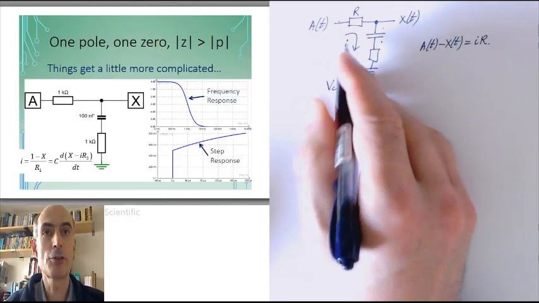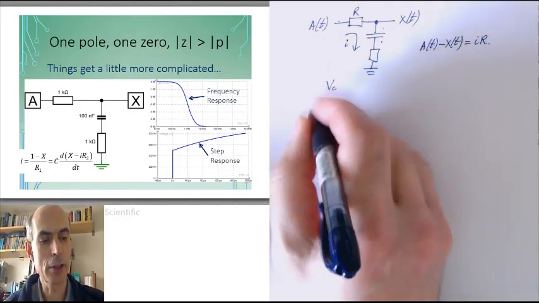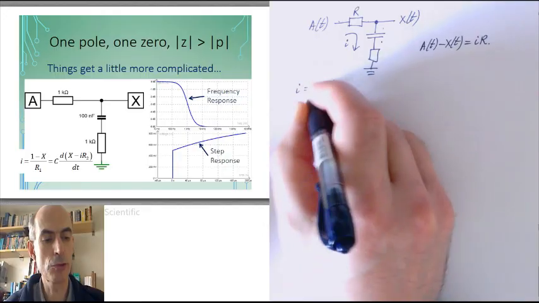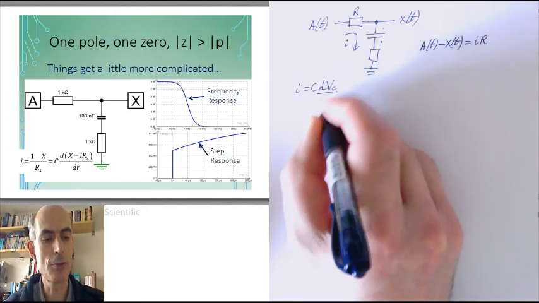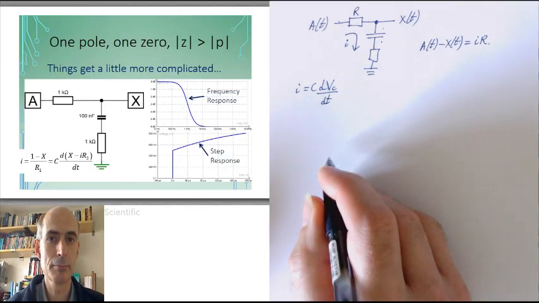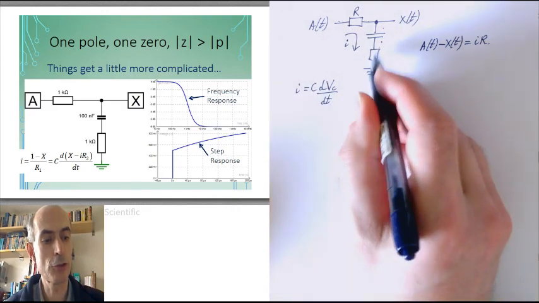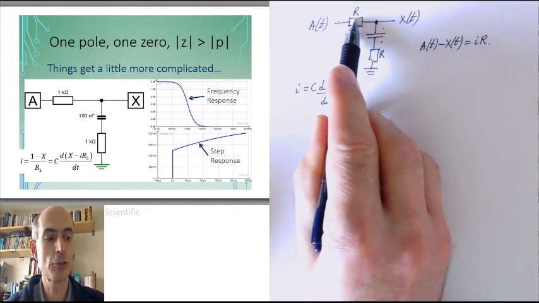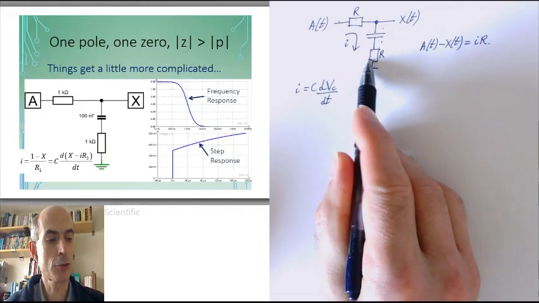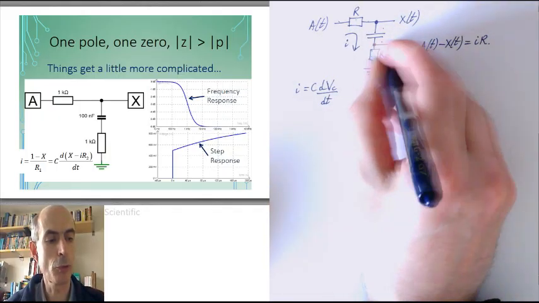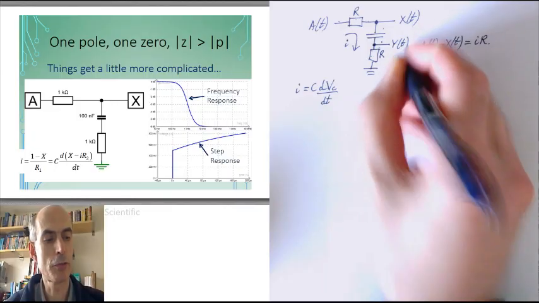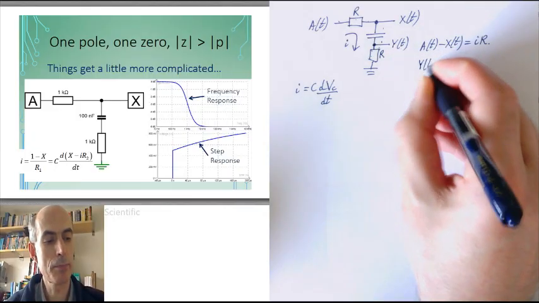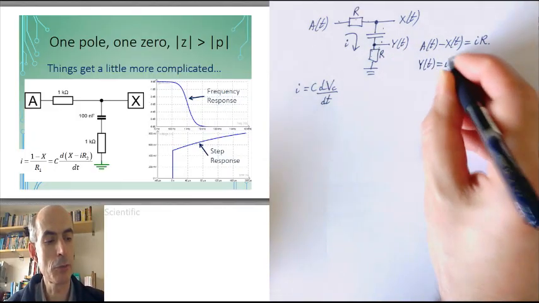That is related to the current using the capacitor equation I equals C dVC dt. And the voltage across this resistor here is going to be the same as the voltage across this resistor here. That's just going to be, if I call this point here y of t, I times R as well.